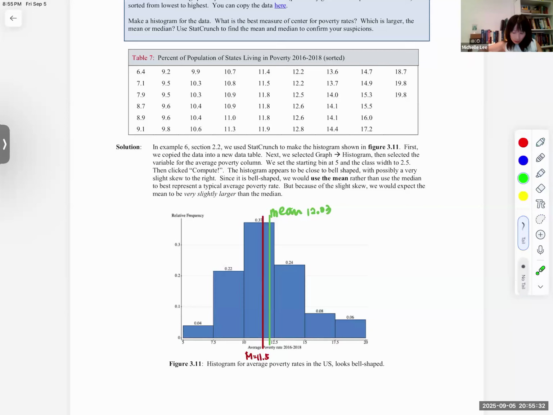So we have a bin of 2.5, so the middle is 11.25. So I put the median here with 11.5 and the mean is 12.3. Okay. We are done for 3.1.